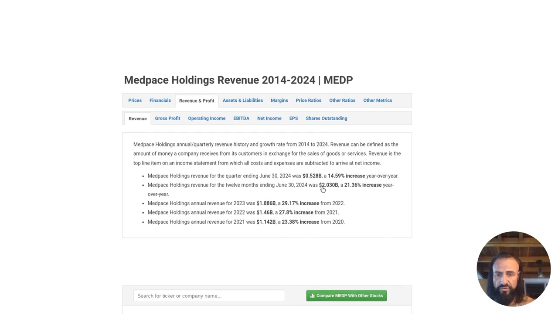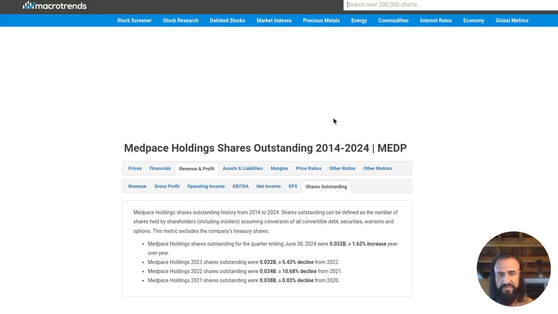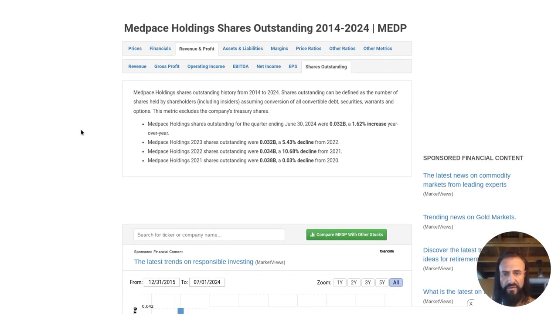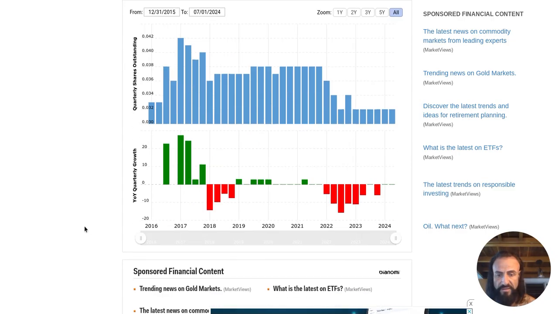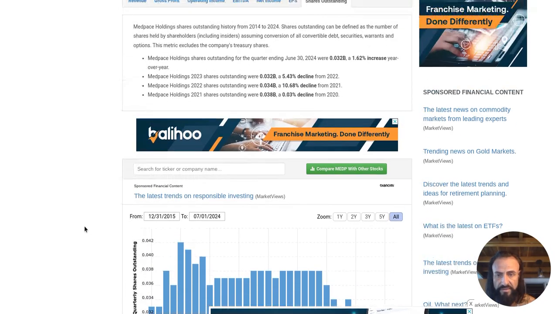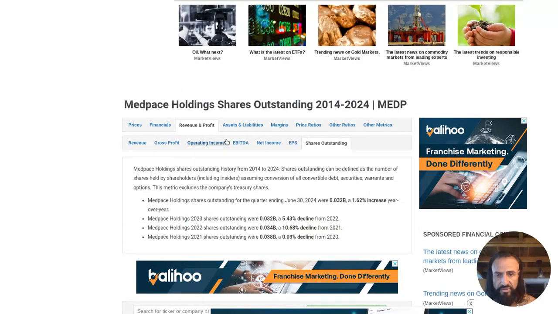Here I usually see the shares outstanding and see if they were diluting the shareholders. Actually, on the contrary, because they've been buying back shares. They went from 38 million shares to 32 million shares, which is a good sign. So far so good.